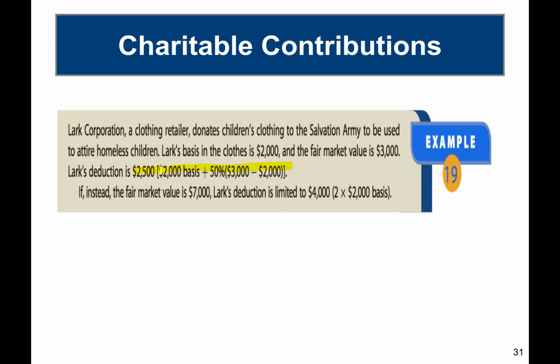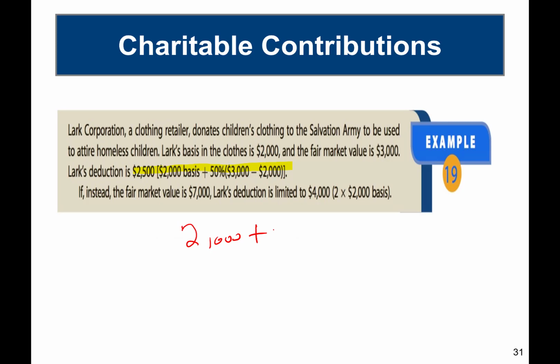Now they come over here and they say, well, what if instead the fair market value was $7,000? Then they say Clark's deduction would be the $4,000 in that case. So let's see how we made sure that that was less than the basis, which is $2,000, plus half the difference.